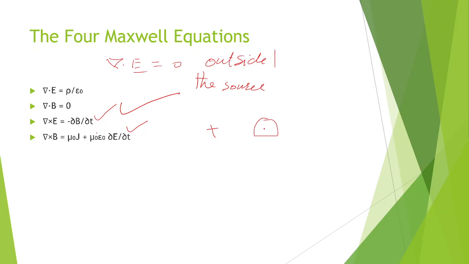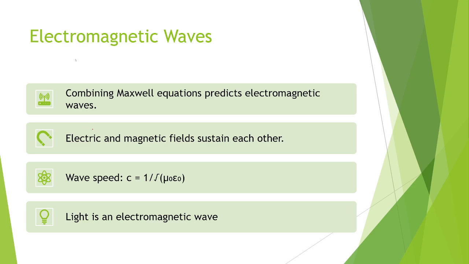In these equations, the first two are the Gauss divergence equations. The third one is the Faraday equation, and the fourth one is the Ampere equation. But in the Ampere equation, this term was absent; it was added by Maxwell, the displacement current term.